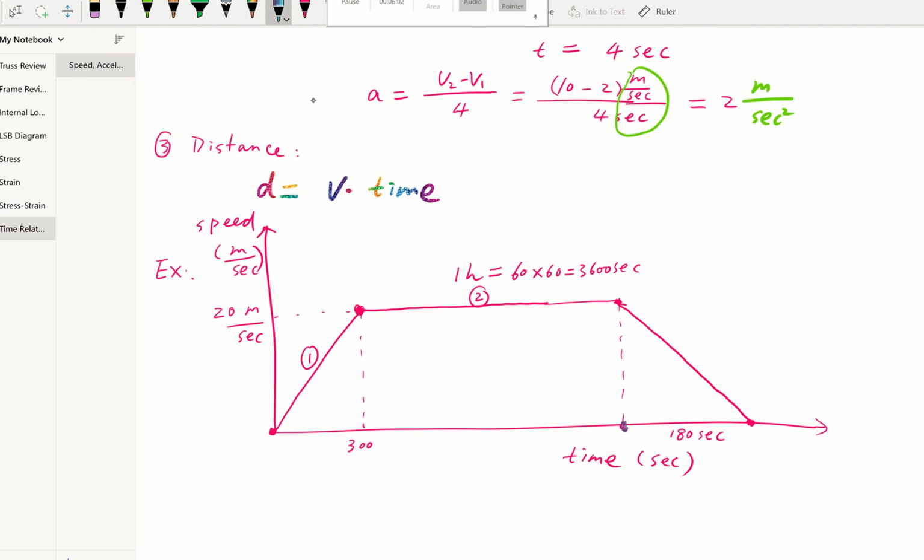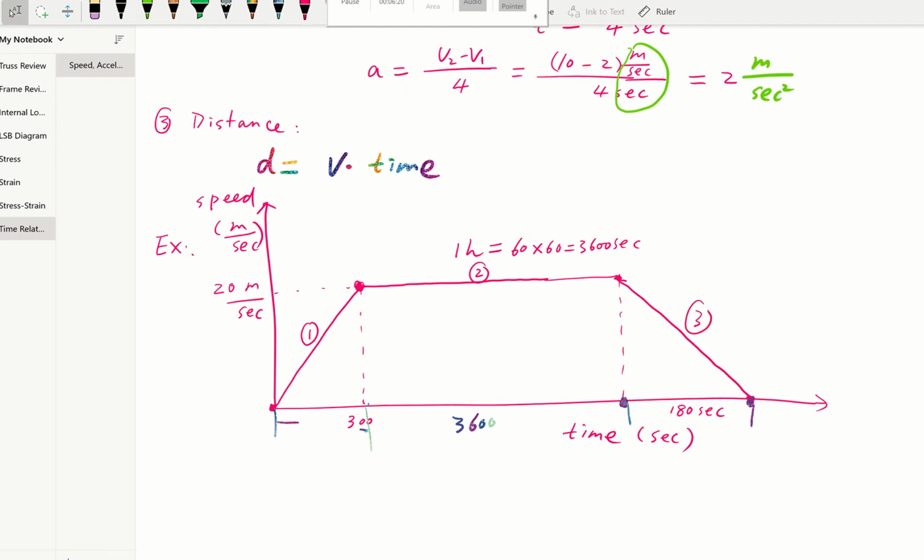So from here to here is 180 seconds, from here to here is 3,600 seconds, and from here to here is 300 seconds. And we call this stage 3.